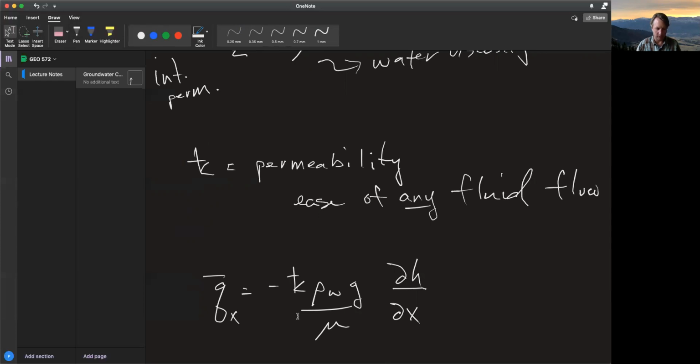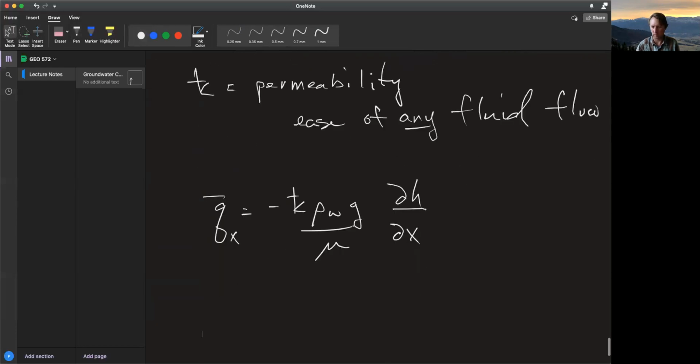Intrinsic permeability has units of meter squared, or length squared.